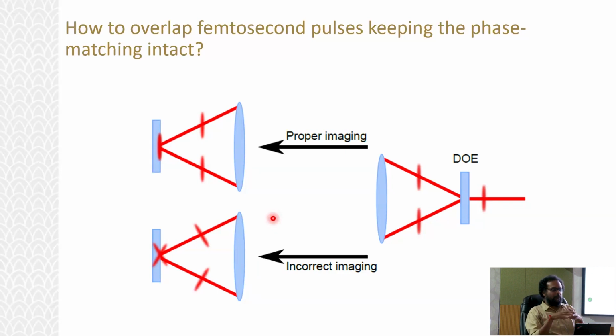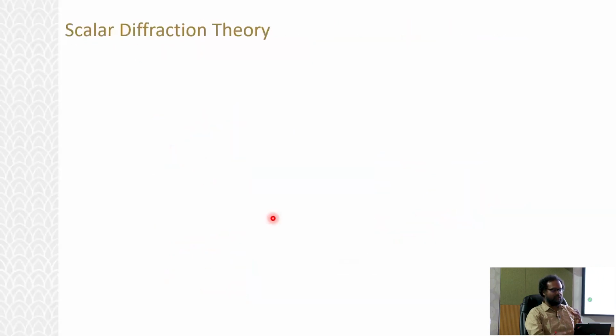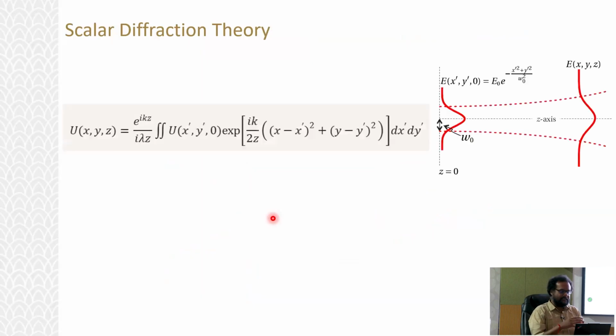So the way for doing this, let's take a step back and recall, if you have already done it, if not, know some details about scalar diffraction theory. Scalar diffraction theory says, if I have a beam of light, even though it may be perfectly collimated, as I let it propagate in space, what happens?